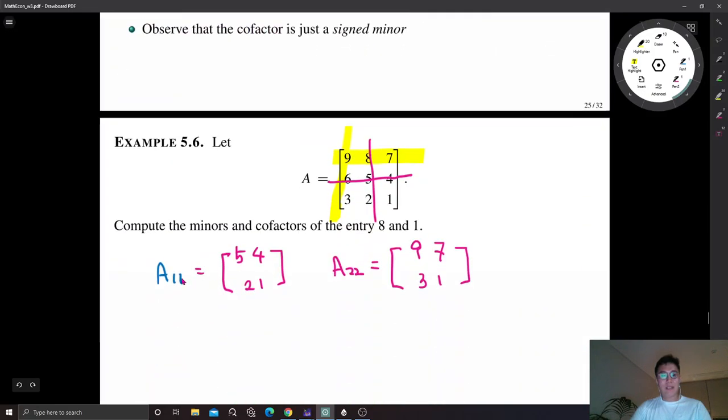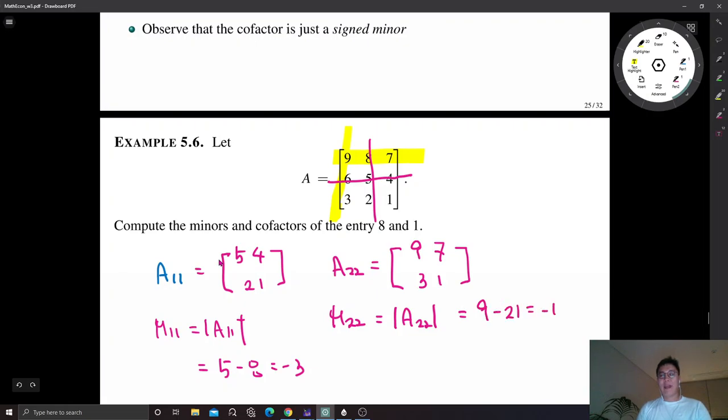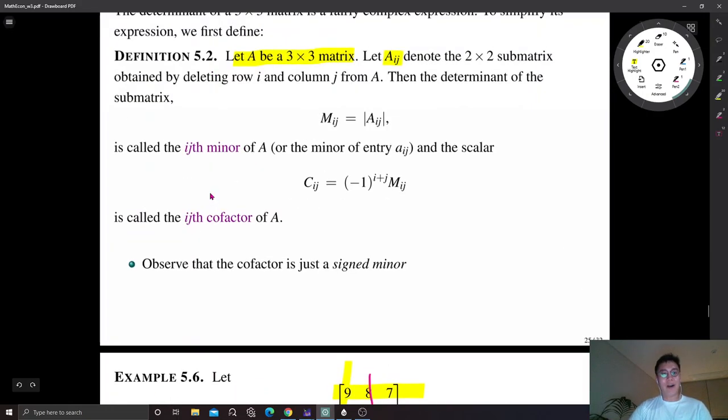The minor m sub 1,1 is the determinant of this A sub 1,1. So that is 5 minus 8, negative 3. Similarly, m sub 2,2 is the determinant of the matrix A sub 2,2. So 9 minus 21, negative 12. Okay, so it's not that difficult.